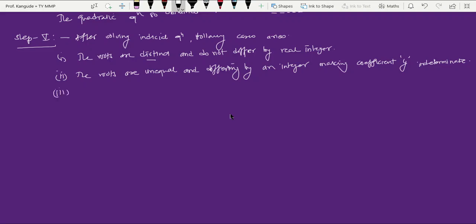Third possibility in this step number 5 is roots are unequal and differing by an integer.